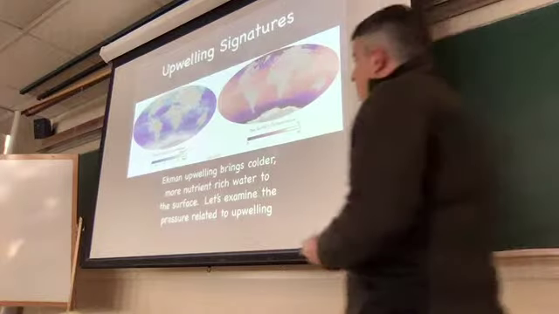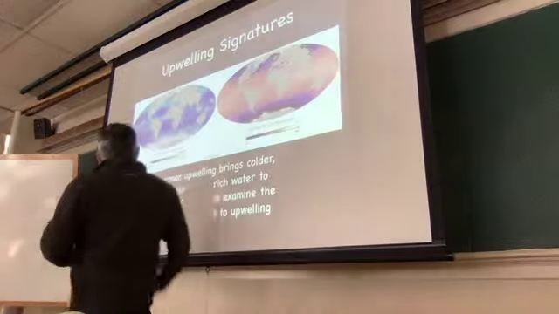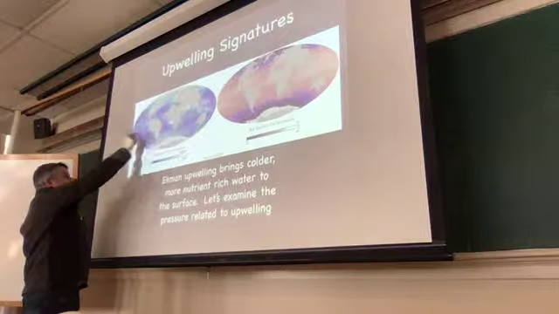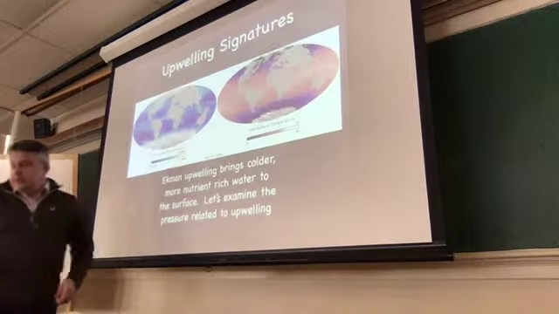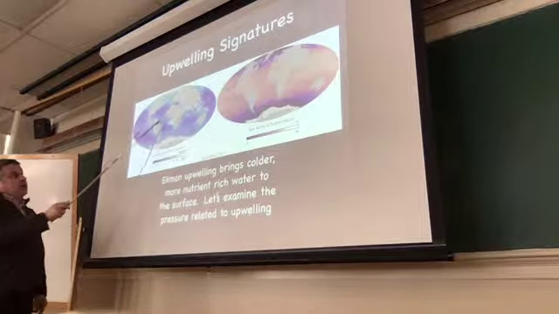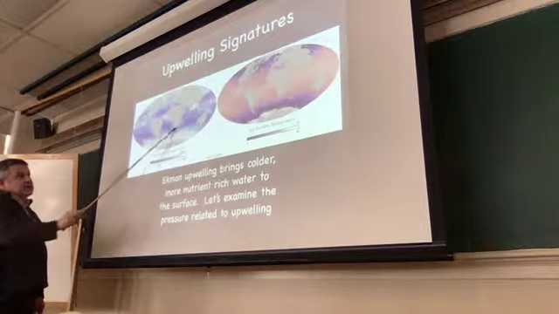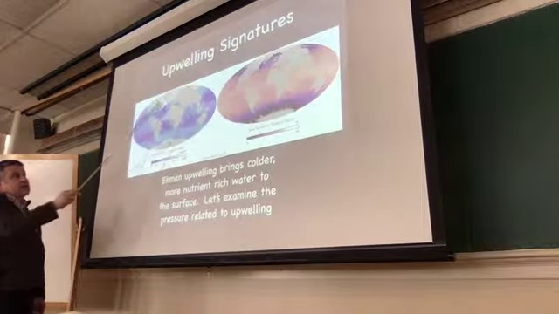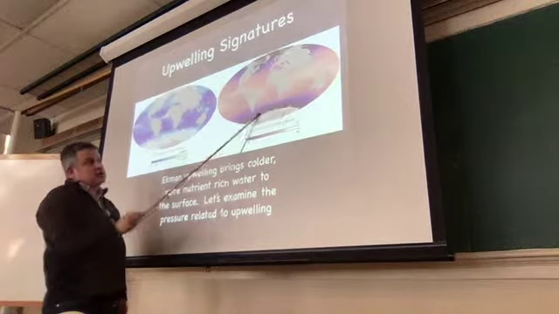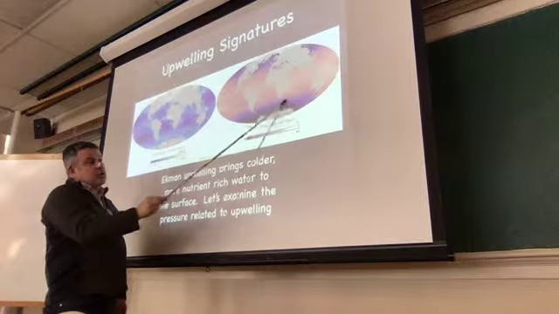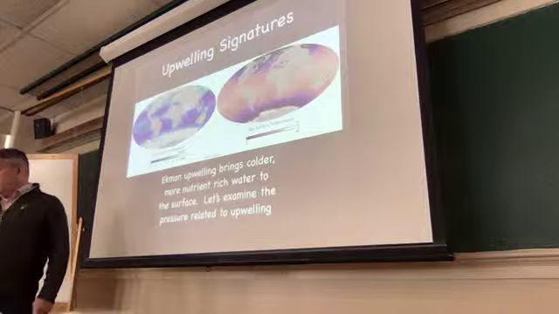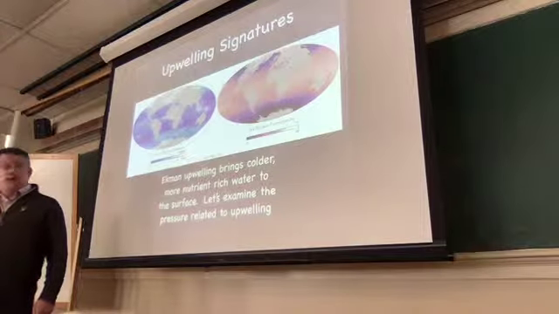Okay, so remember this is our chlorophyll and SST, and we can see all these upwelling zones, both the coastal upwelling zones and the equatorial upwelling zones. And then also the broad scale upwelling throughout the Southern Ocean and the subpolar gyre up there. So we know that the wind stress curl here is upwelling favorable throughout the whole subpolar regions.